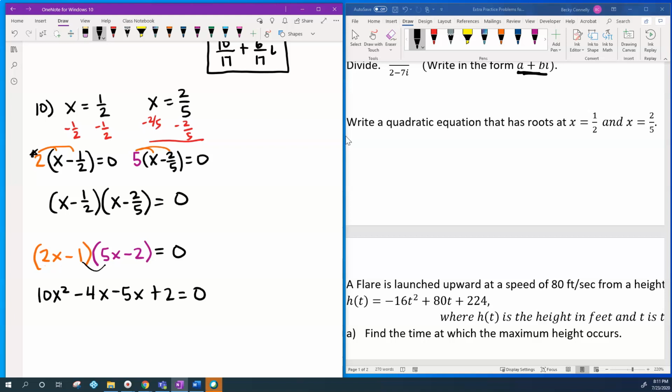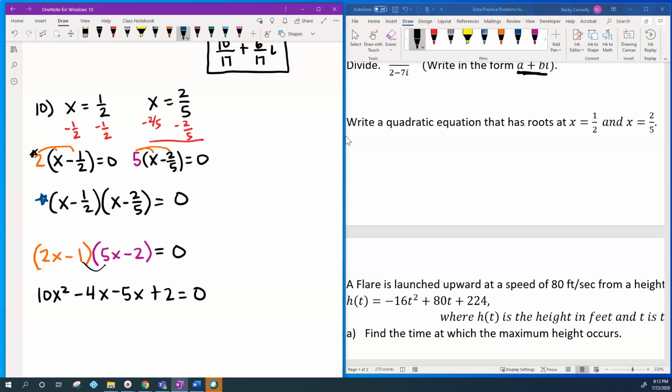And then, like I said, you're going to get your like terms together, and if you decided to multiply these together with the fractions, you're going to get fractions in your equation, and then you're going to have to multiply by the common denominator anyway at that point. So I think it's just easier to do it first, personally, and then you're not so worried about, am I multiplying this together right?